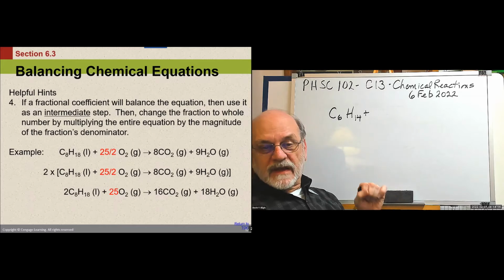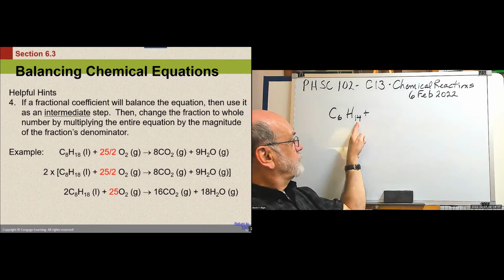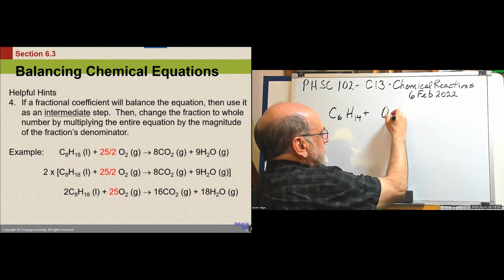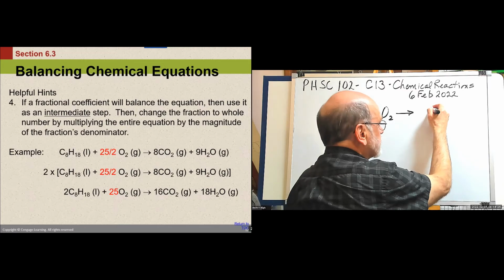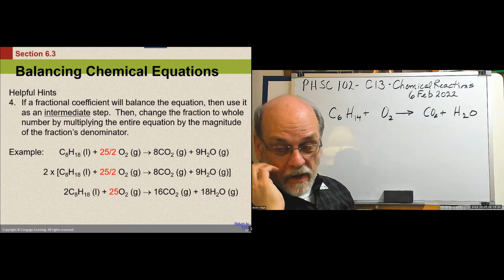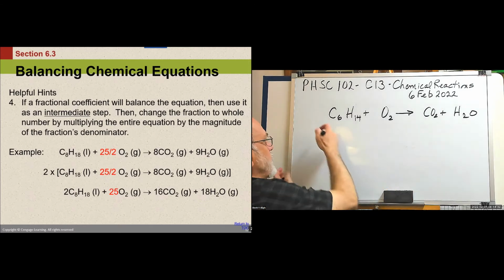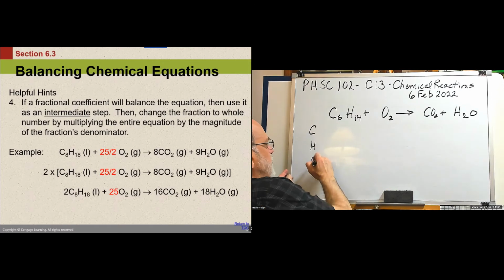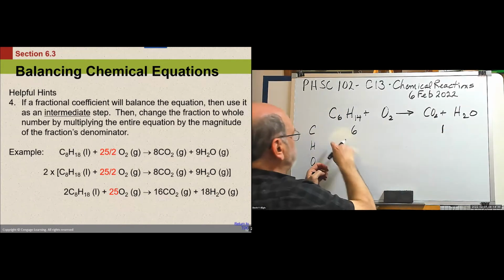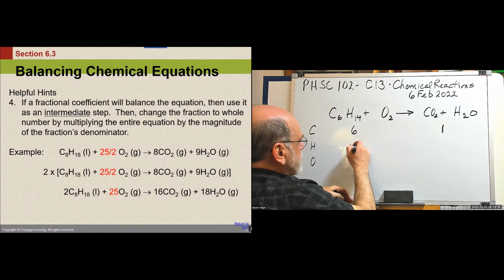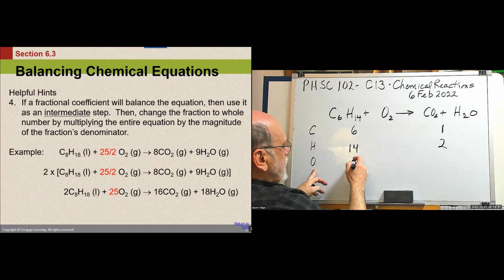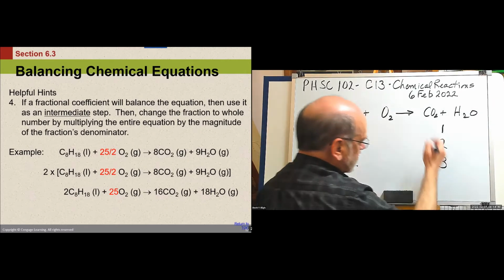Hexane. It's another hydrocarbon. And we're going to burn it in oxygen. And it makes carbon dioxide and water. Okay, we need a budget. So we're going to have carbon, hydrogen, oxygen, 6 carbons on this side, 1 carbon on that side, 14 hydrogens on this side, 2 hydrogens on that side, 2 oxygens on this side, and 3 on that side.